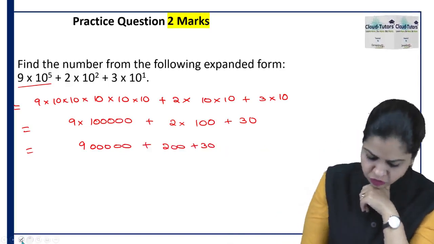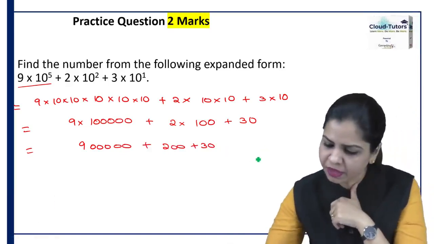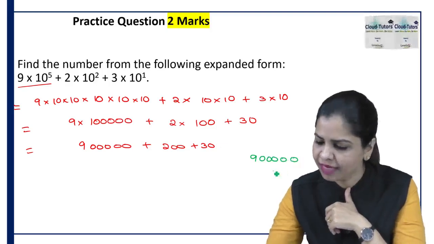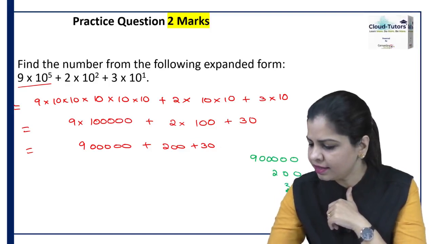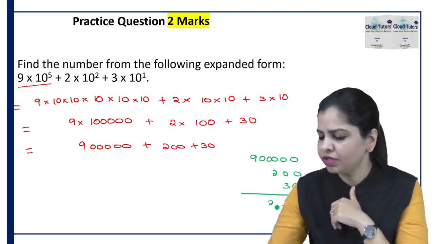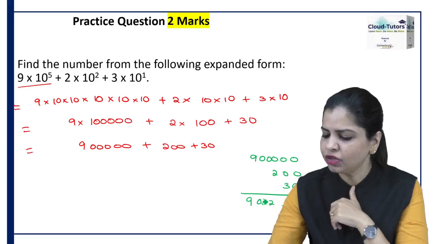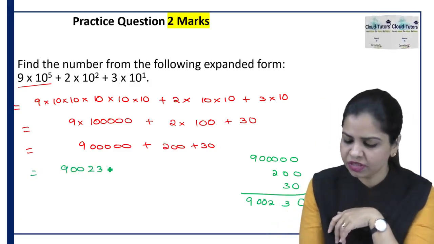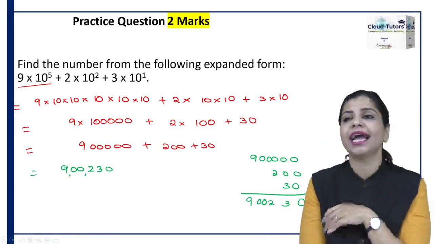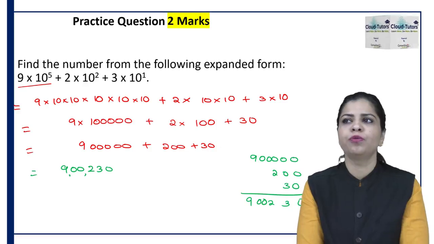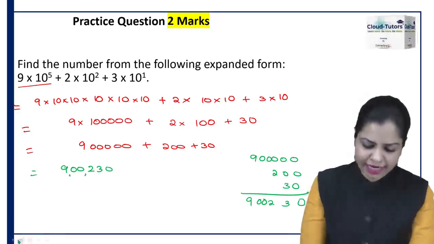So if I do the addition here, it would be 9, 1, 2, 3, 4 and 5 zeros, plus 230. So let's add them up. So 0, 3, 2 and 900. So this is your number, 900,230. That is 9 lakh and 230 is your number. I hope you would have followed this. Alright, let's see the next.